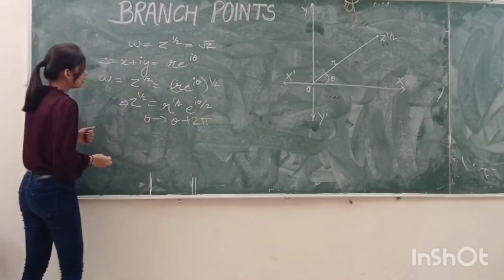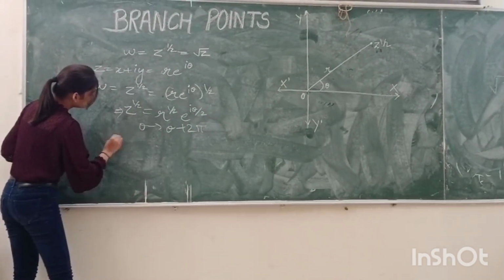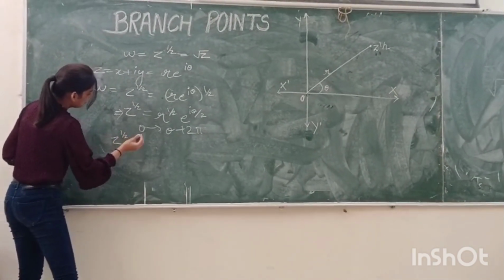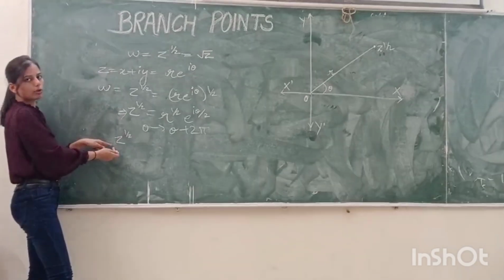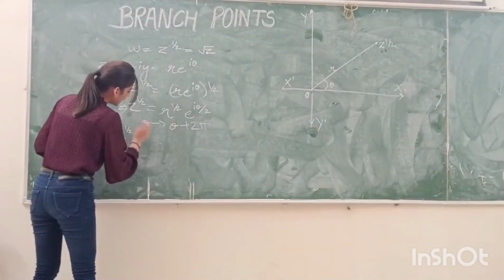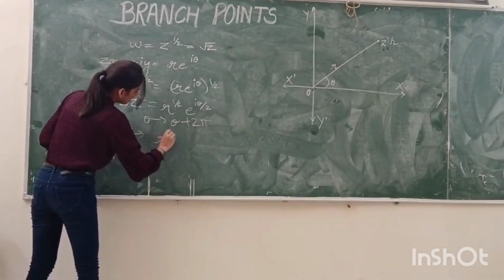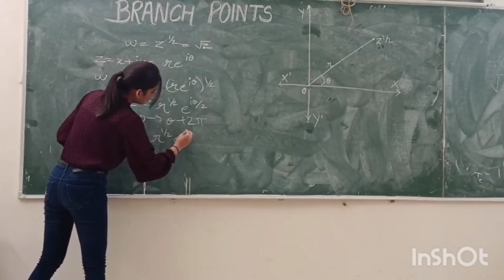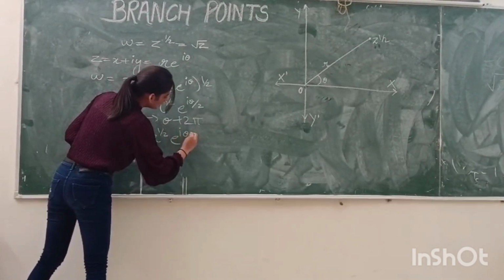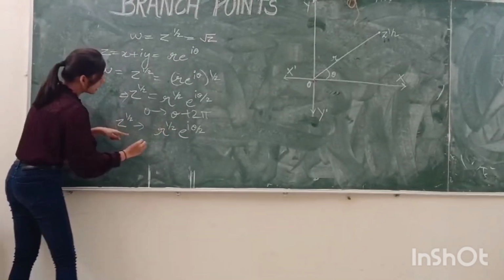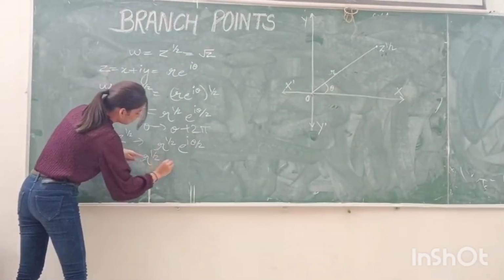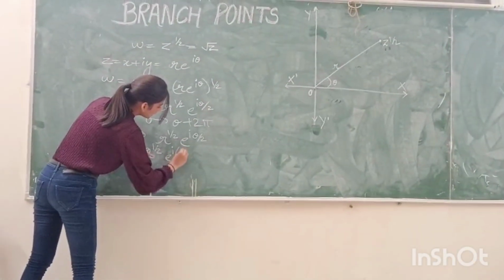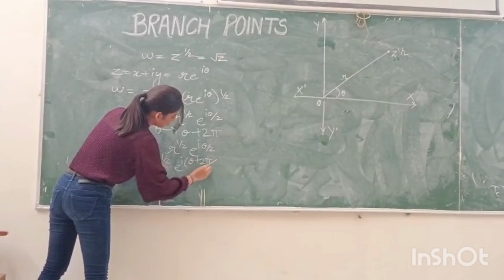So let us see what we will get. If I rotate this function around the origin, what I will get is r power half e power i theta by 2 will be replaced by r power half e power i theta plus 2 pi by 2.